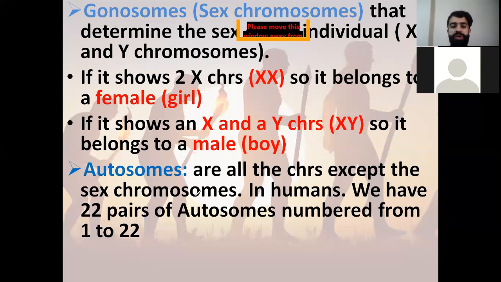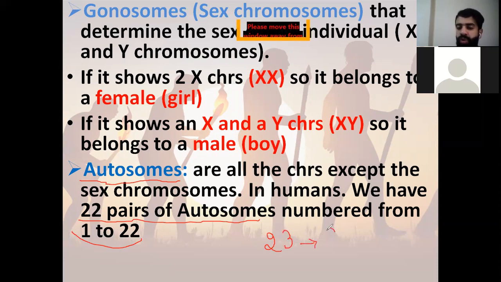Now, I'm going to move to the autosomes. Autosomes are all the chromosomes except the sex chromosomes, which are the gonosomes. In the human, we have 22 pairs of autosomes, numbered from 1 to 22, while pair 23 is for the gonosomes, whether XX or XY. Here I'm talking about a normal individual and a normal karyotype.